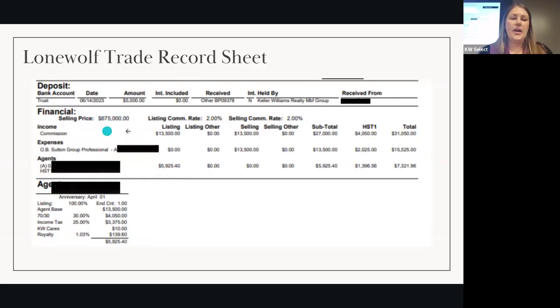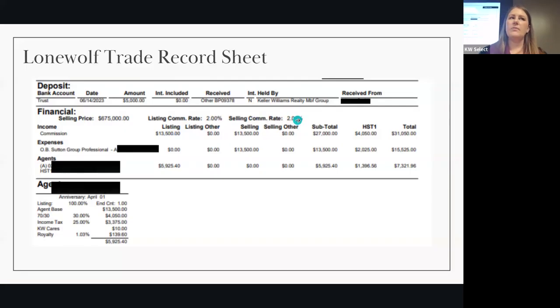You can see here the sale price of this transaction. You can see any trust details up here. On this transaction, the listing commission was 2%, which is $13,500.